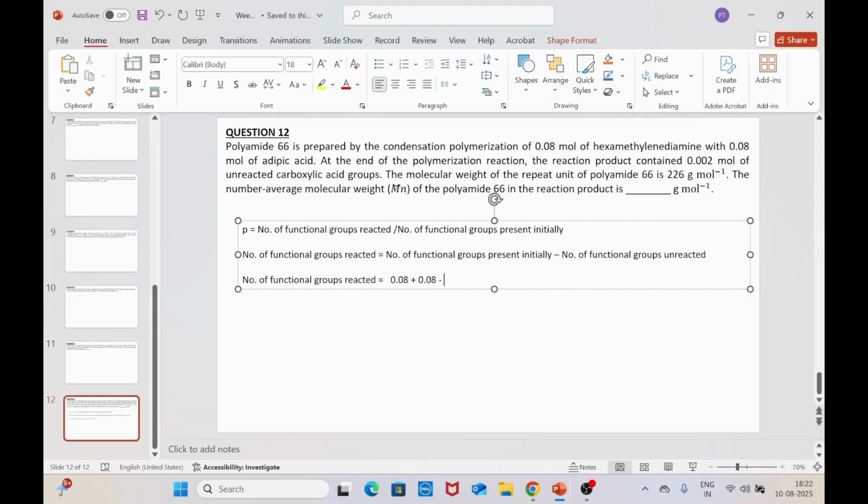which is nothing but the carboxylic acid group with 0.002 moles. So minus 0.002.